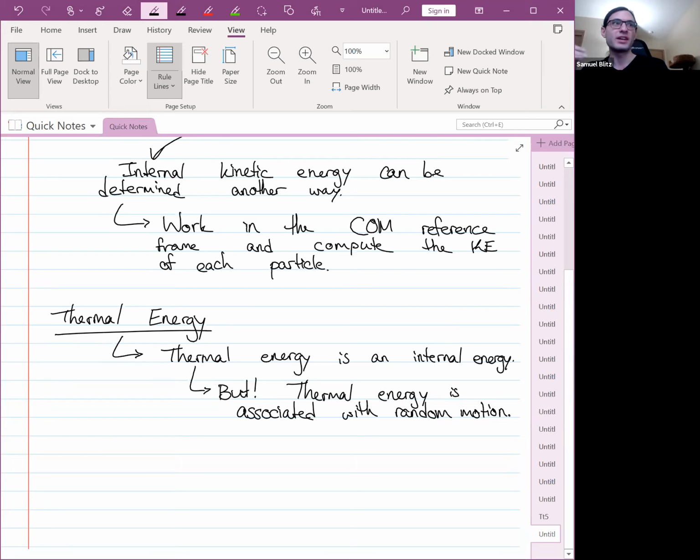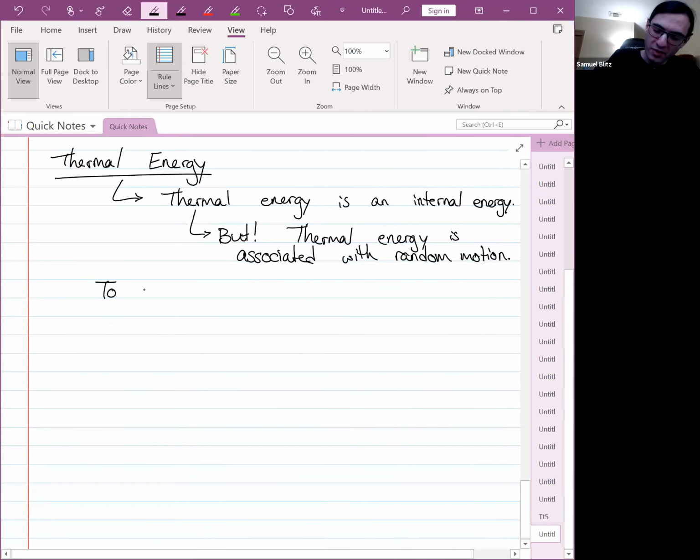As long as you know that there are a lot of particles and they're moving randomly, then on average, you can figure out the total internal energy by measuring the average speed. You know the mass of the atoms, so if you can find the average speed, then you can find the total internal energy. And because there are so many, that average will basically be exactly what it actually is. So that's what temperature is good for, and that's why it's called thermal energy.